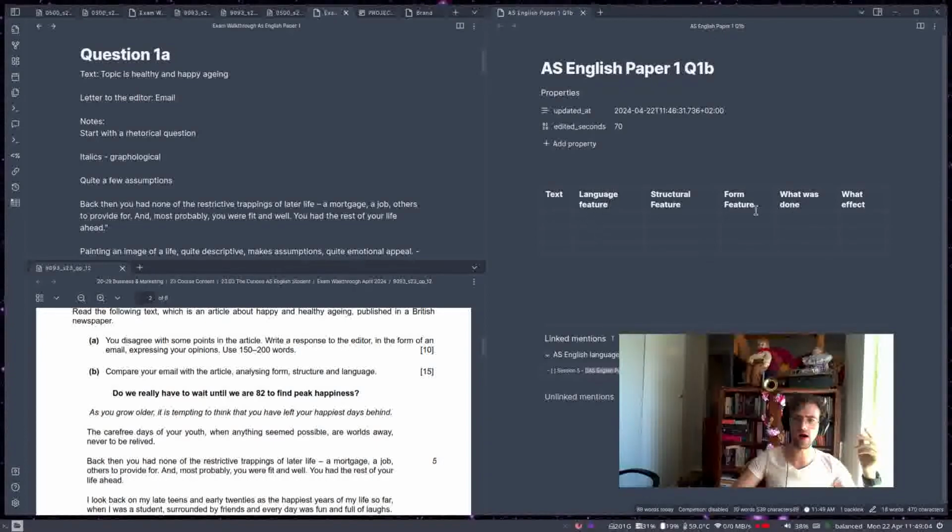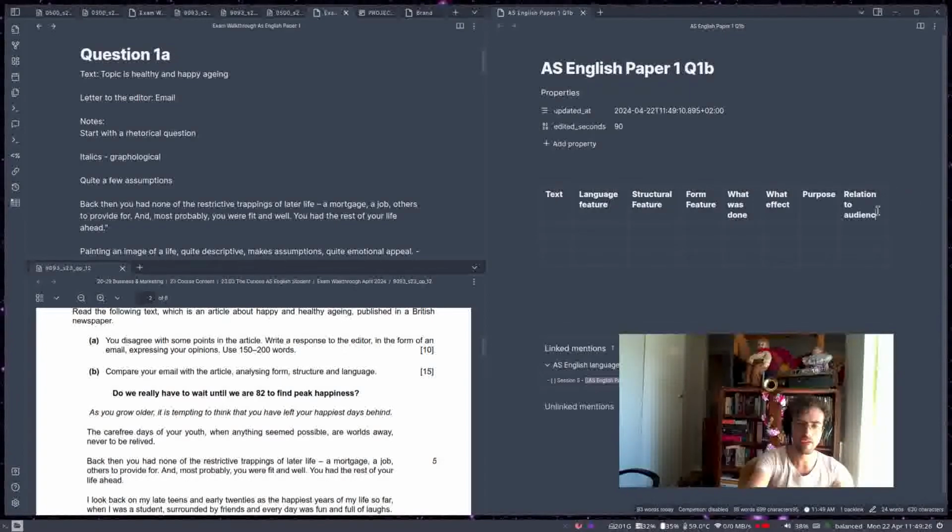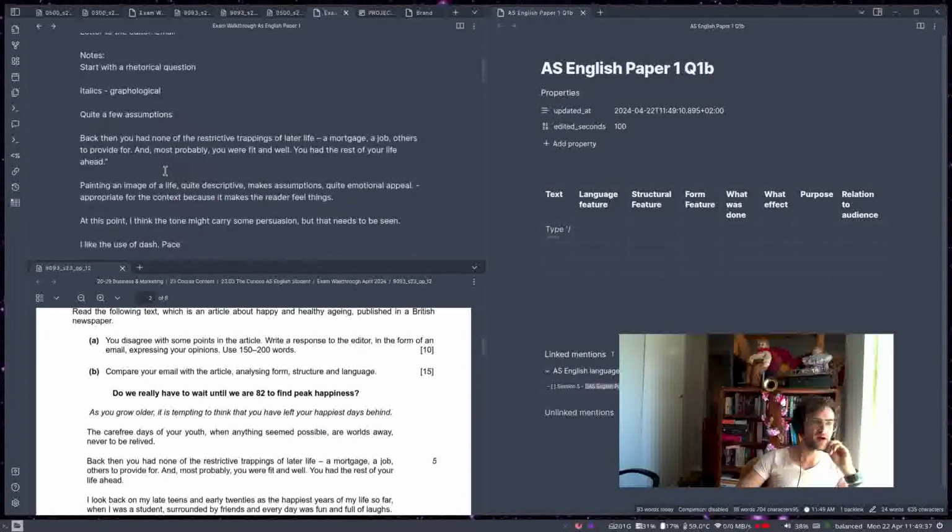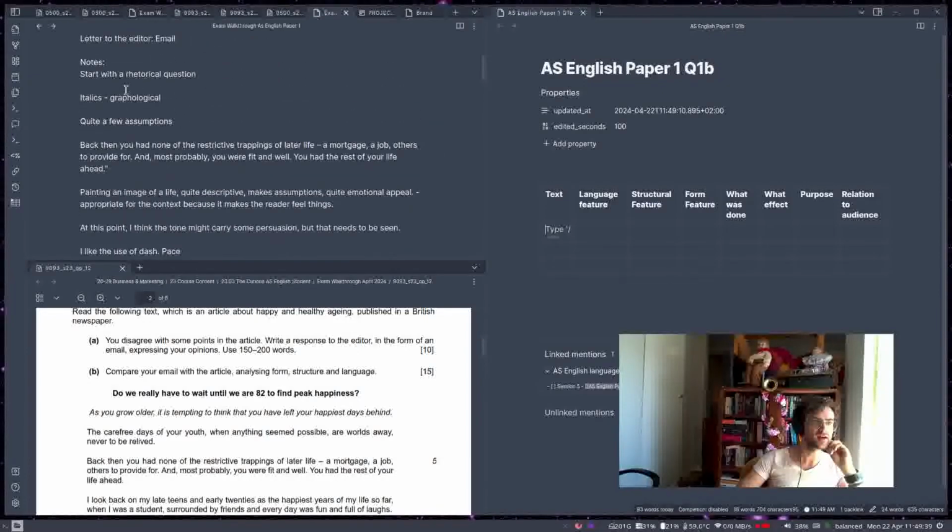So I'm actually going to add another, okay. So as I go through this text, I'm just going to write down everything I see. Okay. I think I've got a couple of notes here, actually.